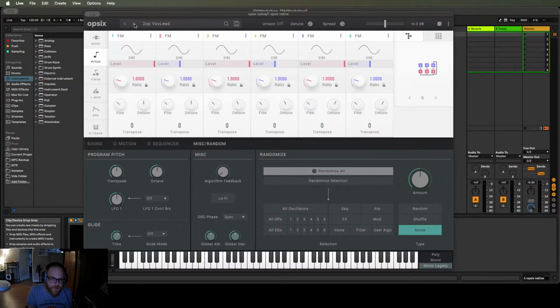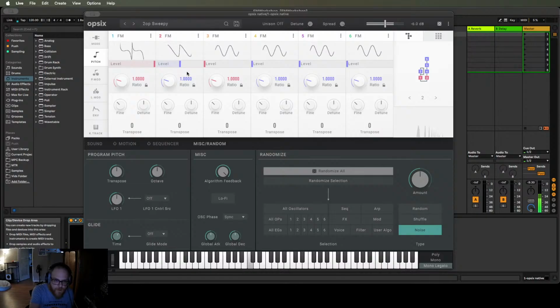All right, so here we go. How about on this one, let's go here to 5, and we're going to copy these settings to here.